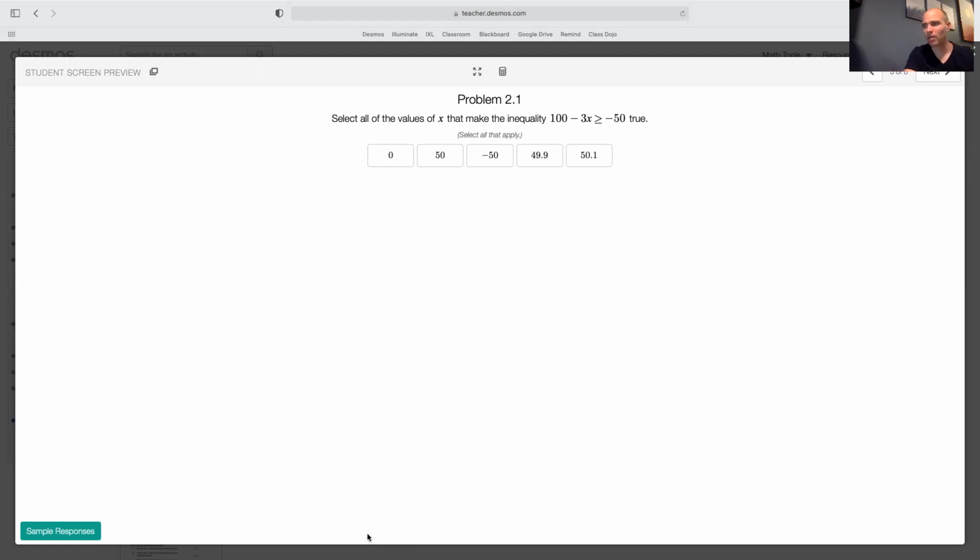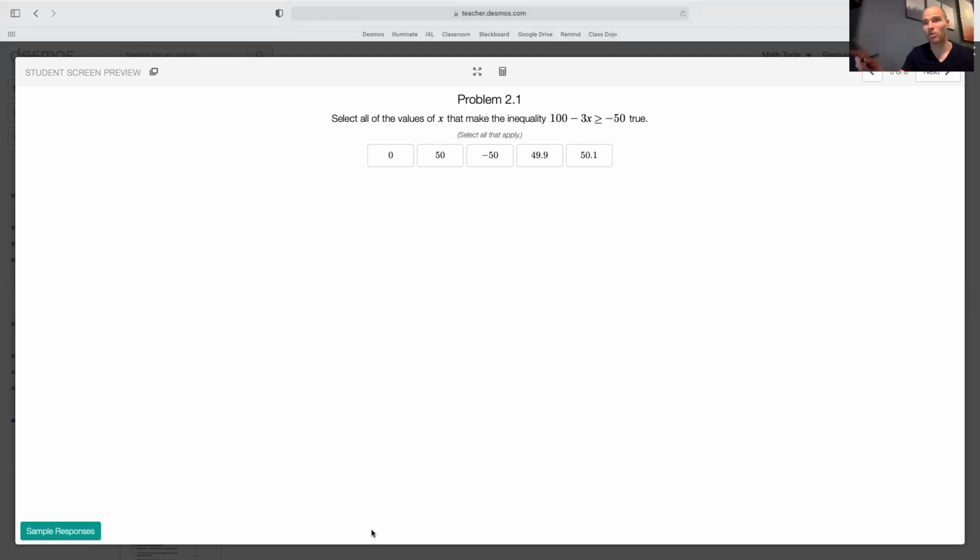Now remember, solving inequalities is exactly the same as solving equations, except you have to remember that one weird little fact that I talked about at the beginning of this video. If you multiply or divide both sides of your inequality by a negative number, the sign, the less than or equal sign, you got to switch that around.